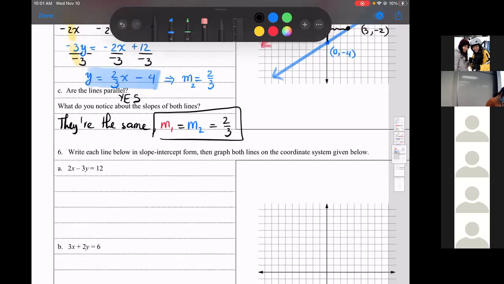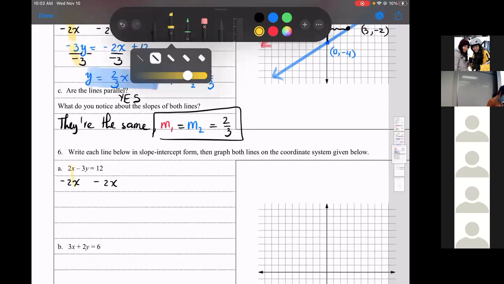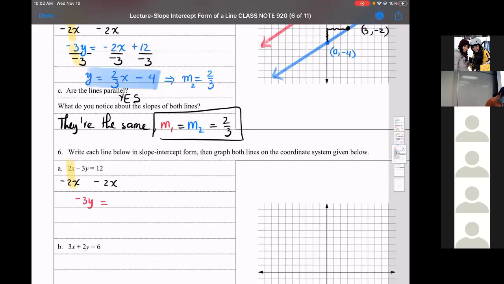So negative 2x minus 2x, both sides gone. And now negative 3y equals negative 2x plus 12. Divide both sides by negative 3.